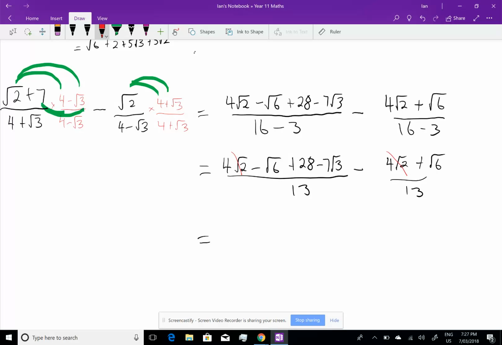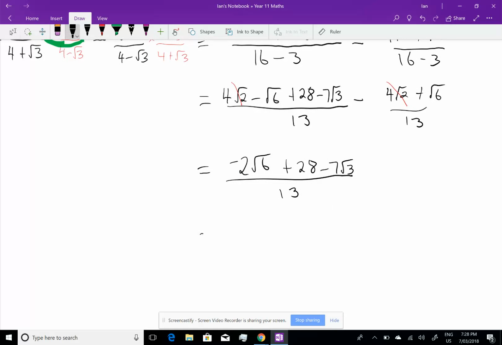I've got minus root 6 minus another root 6. So I'm going to get minus 2 root 6. And then I've got a 28. So plus 28 minus 7 root 3. We're all over 13.